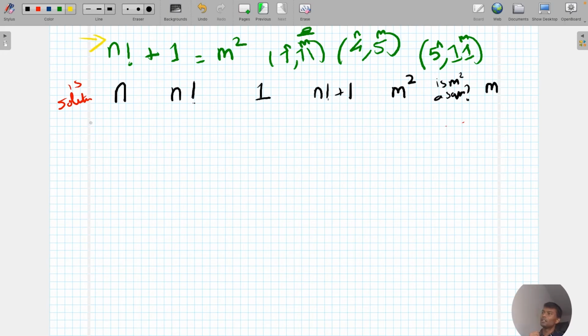Now, the question mathematicians are asking is, what other numbers are there which satisfy this equation? So we can start with 10, we can go with 11, 12, and so on, maybe until 1000 also. And we need to do the math for each and every step and try to find, is m a square number? The question we need to ask is, is there any yes in this particular column for any of the numbers?